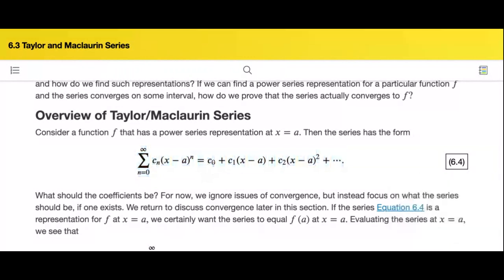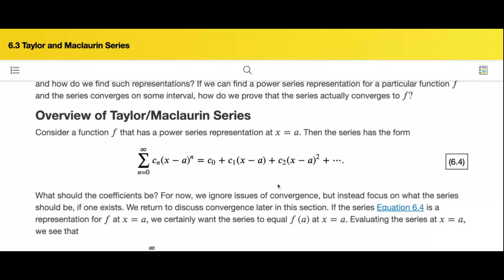The first term will be c naught, because when n equals 0, we get c naught multiplied by (x minus a) raised to 0, which is 1. Second term, we get c1 multiplied by (x minus a) raised to 1, and so on. That's the definition of a power series.